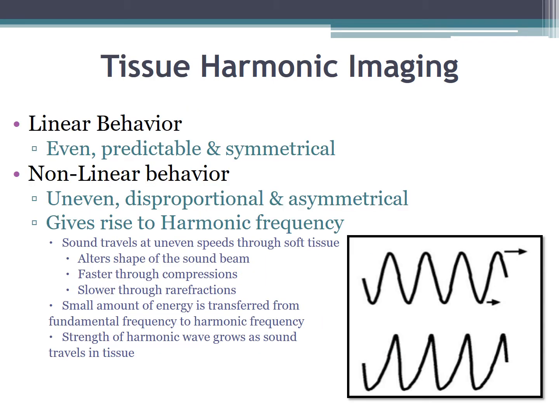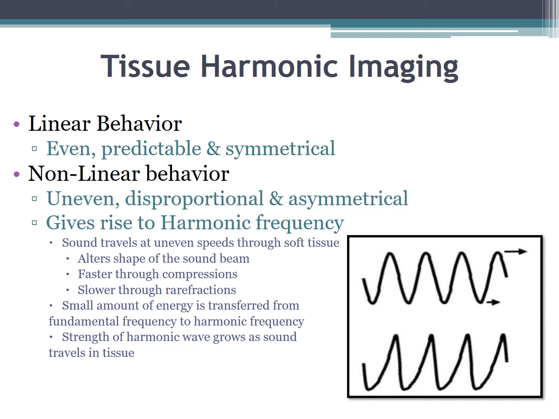As I was saying before, when we use harmonic imaging, that sound beam starts to distort a little bit. In the beginning, our sound beam is going to have a very smooth sinusoidal waveform. It's going to be very even, predictable, and symmetrical. We consider this to be linear behavior.